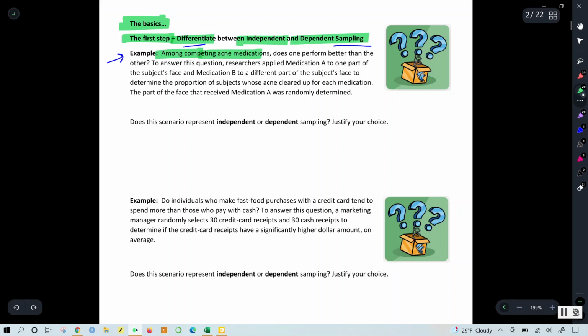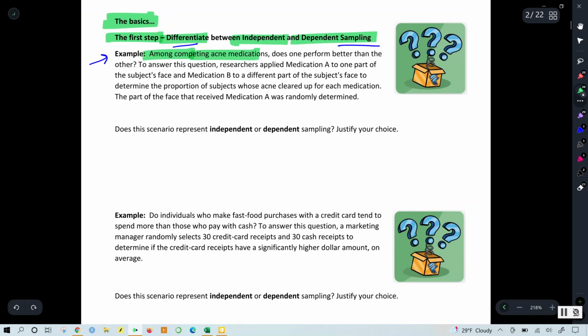Among competing acne medications, does one perform better than the other? In order to answer this question, researchers applied medication A to one part of the subject's face and medication B to a different part of the subject's face.